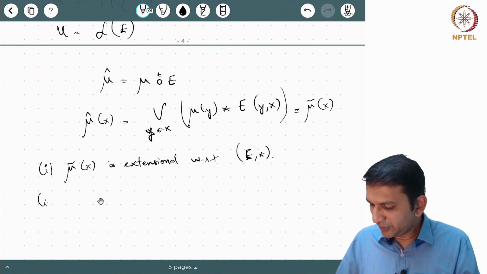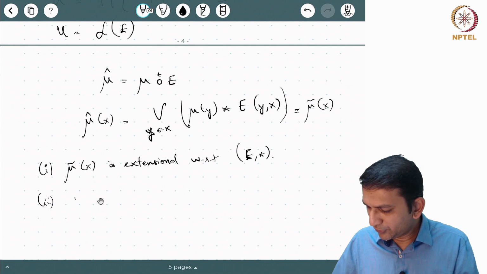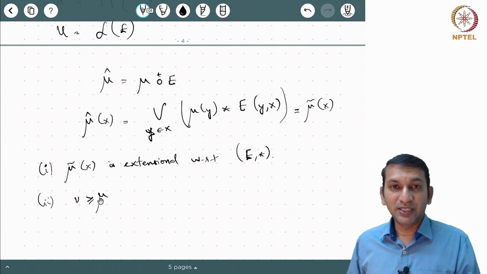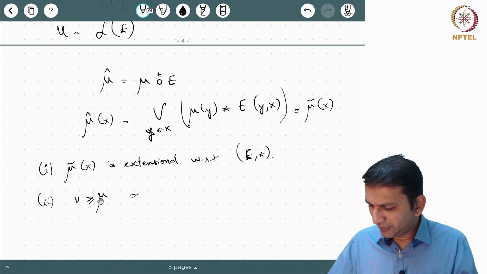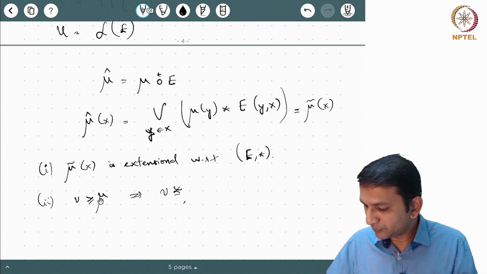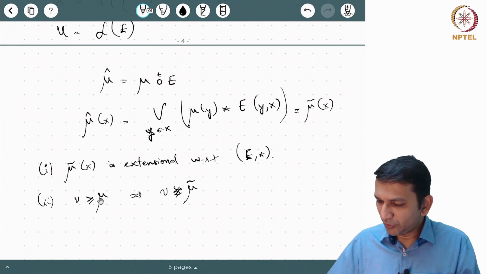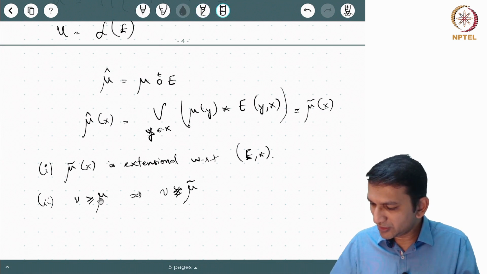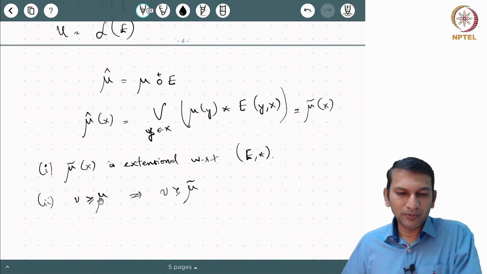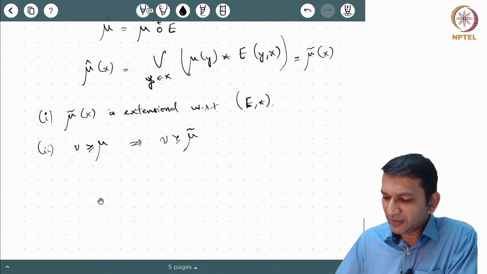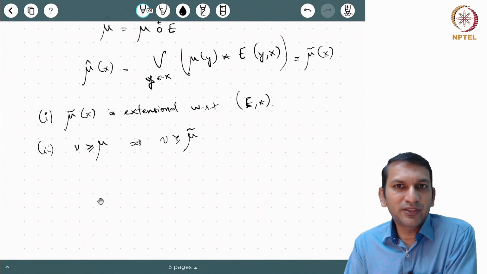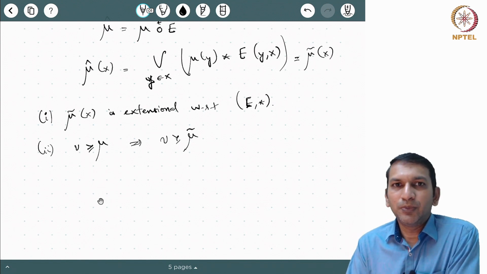The second thing that we need to show is that if mu' is some other extensional fuzzy set and contains mu, then mu' contains mu tilde. So mu tilde is essentially the smallest extensional set with respect to E which contains mu.